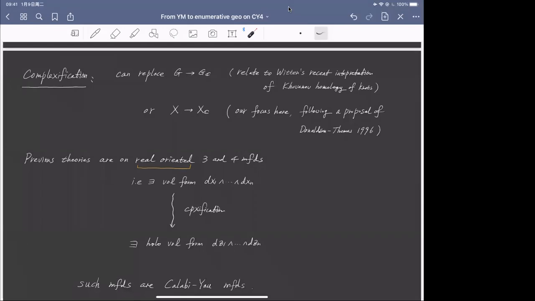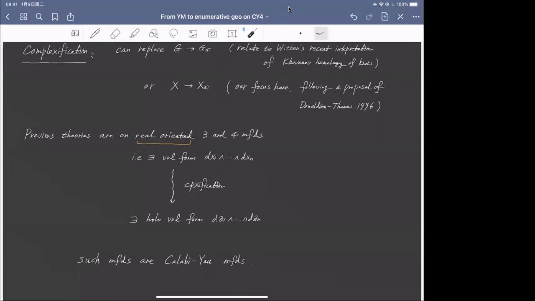This is quite different from the real-oriented case, because most real manifolds we consider are real-oriented. Real orientation is not an essential condition, but the complex orientation is quite essential here. In fact, complex manifolds having a holomorphic volume form are called Calabi-Yau manifolds.